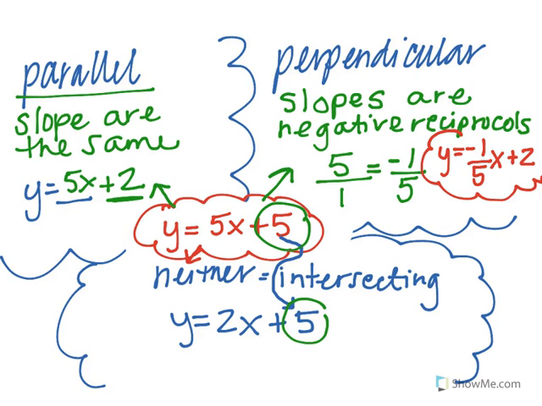So parallel lines have the same slope, perpendicular lines have opposite reciprocals, and they're the opposite signs, and then intersecting lines have the same y-intercept.